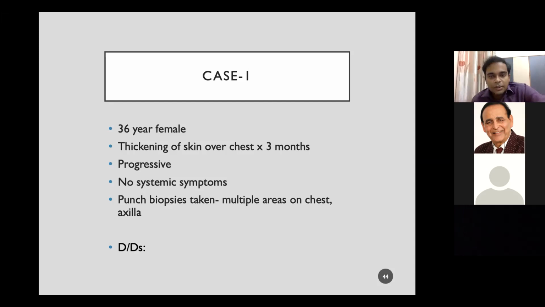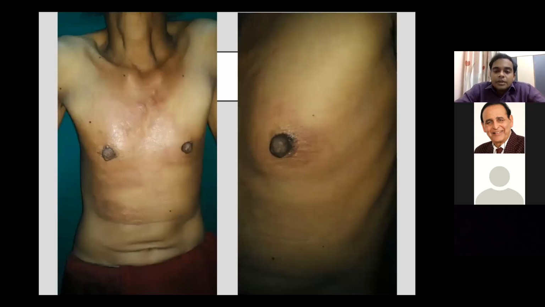Multiple punch biopsies we had to do because we thought it is an extensive lesion, so we can take from multiple sites because there was slight variation in morphology. So chest and axilla we did a biopsy from, and I'll show you the clinical image. I understand you cannot answer, but maybe you can type your responses and I can see them later on.